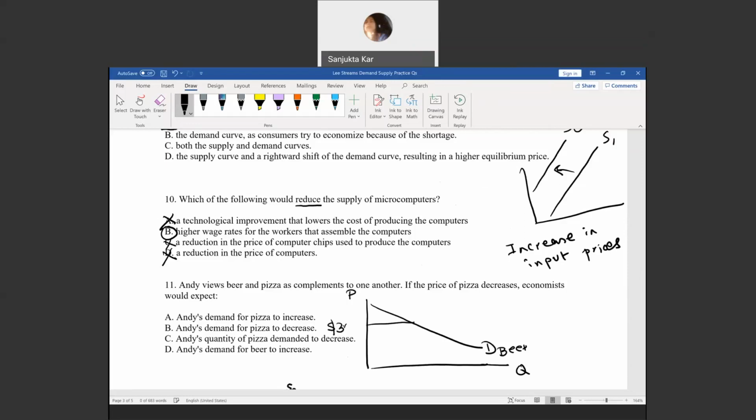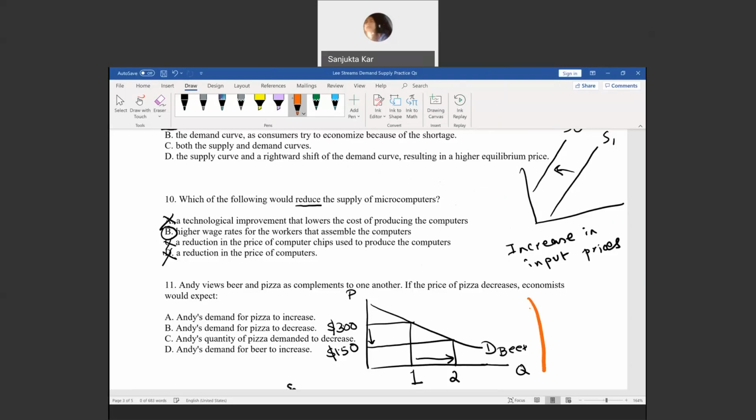A bottle is $3, and people are going to buy just a bottle of beer. Say the price of beer decreases from $3 to $1.50. People are going to buy 2 bottles of beer. So basically, we have the law of demand working here, and that is increasing the quantity demanded for beer.